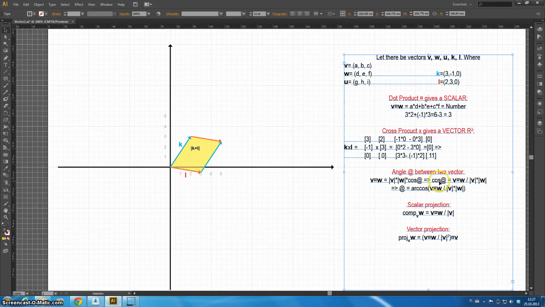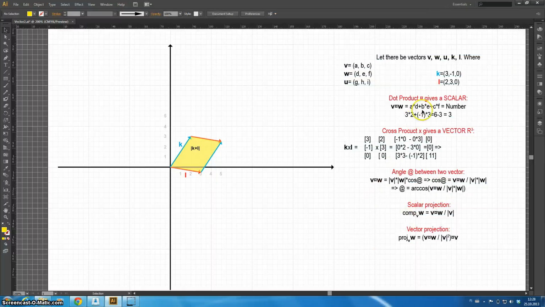And then cosine theta is equal to vector v dot vector w divided by the product of the lengths of those vectors, and then theta is the arccosine of that formula over there.